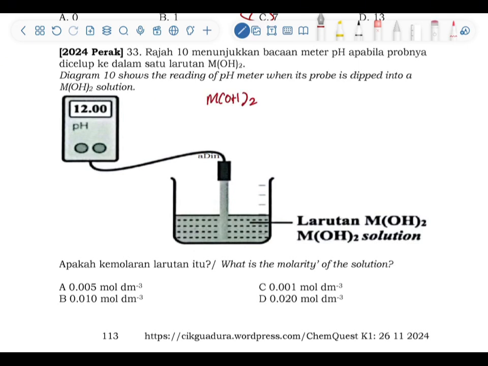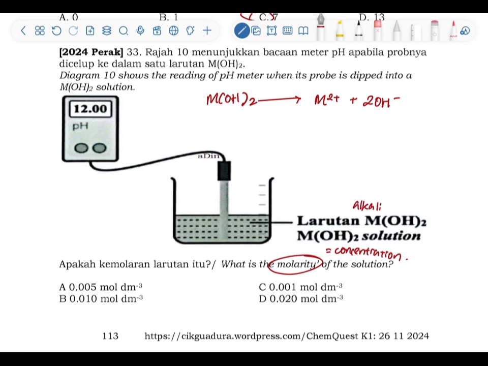So this M will give out M2+ with 2OH-. We need to balance the equation first. Then we want to find the molarity, which is the concentration of the solution, right? So this is actually an alkaline.